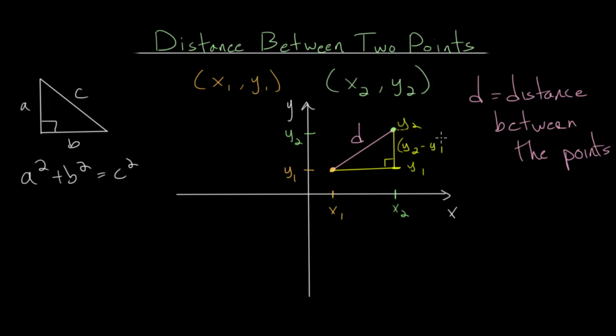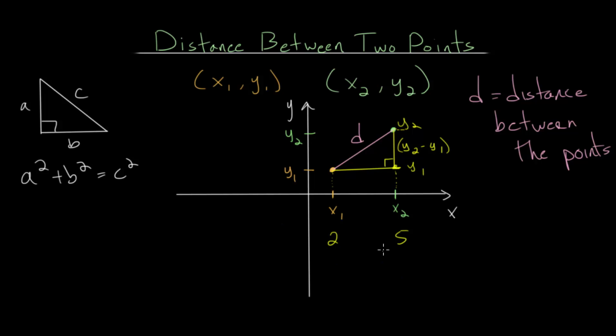And likewise, for this horizontal side here, notice that its highest x value right here has an x value of x2, and its lowest x value is at x1. So again, imagine if there were actually numbers here, like this was 2 and this was 5. This length, you would just take the larger number and subtract the smaller one.